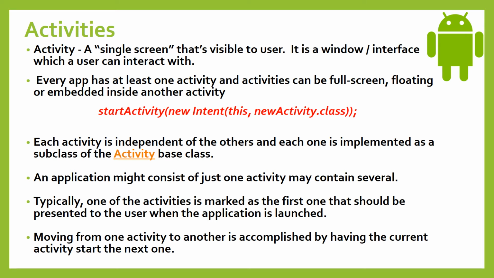Hence, only one activity out of n activities will be marked as the first to start off. Once it gets started, it can call the other activities in turn. So moving from one activity to another is accomplished by starting another activity, which is called navigation when it comes to web pages.